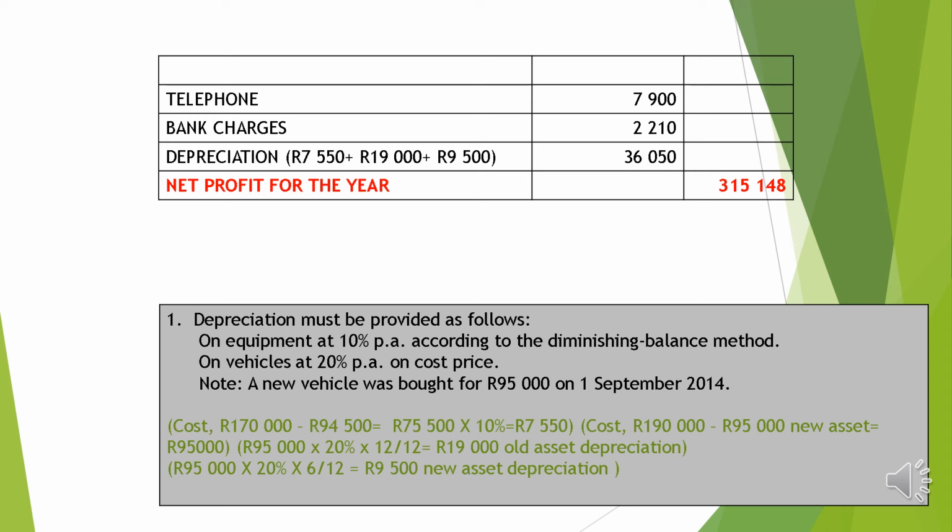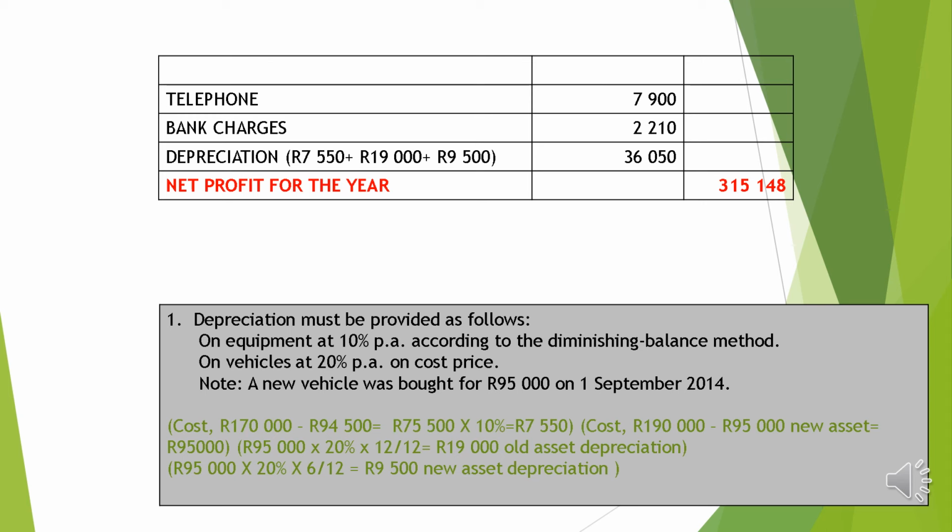A book value or a carrying value or a carrying amount. Carrying value is calculated by saying cost or historical cost minus your accumulated depreciation, then you get your book value.